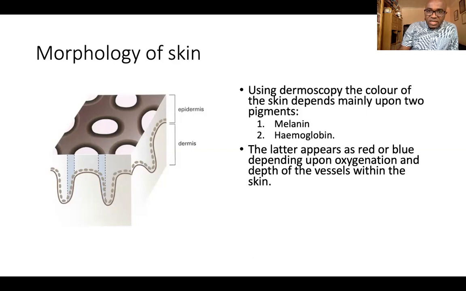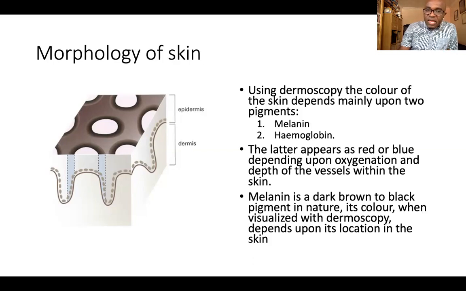The color will appear between red and blue. Melanin, on the other hand, is a dark brown to black pigment in nature, and its color, when visualized with dermoscopy, depends on its location in the skin.